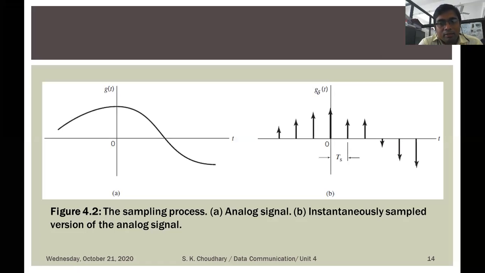We use the time domain representation and also convert it into the frequency domain, so we are going to apply the Fourier transform here. I hope all of you have learned this in signals and systems, so take a revision of the Fourier transform, as we will use it in representing the sampling theorem.